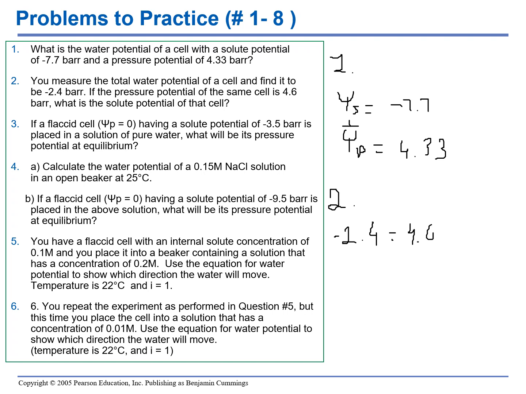So this would be solved like algebra, and then you would just add psi s. Now plug that into your calculator. You will subtract negative 2.4 minus 4.6, and you will get that the solute potential is negative 7.0 bars.